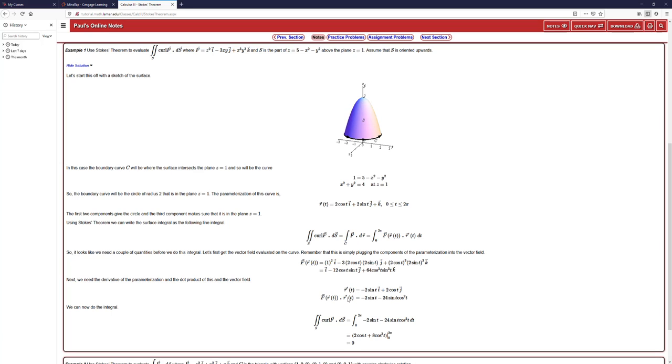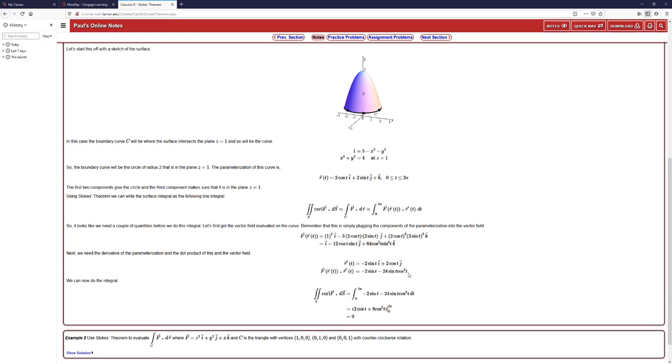And then here's F dot dr. And so it says now we can do the integral. The double integral of the curl of F over S dotted with dS is equal to the integral from 0 to 2 pi of negative 2 sine t minus 24 sine t cosine squared t. They worked that out and they got 0.